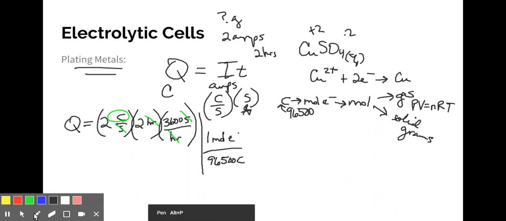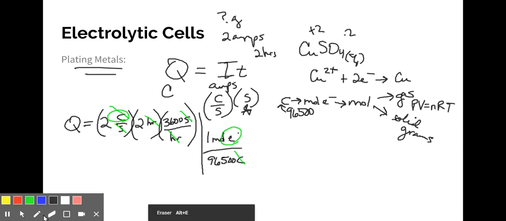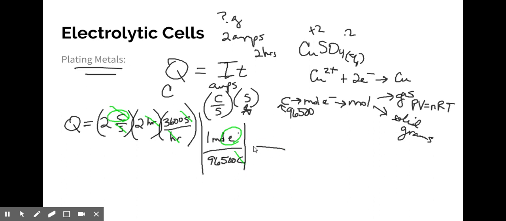You see now I have gotten rid of coulombs, and I'm able to cross that out there. Now I'm left in moles of electrons. They could even ask you a question and say, how many moles of electrons is this? If I'm given current and time, I would go through my stitch and stop here, and that answer would be moles of electrons. They could ask for just moles. If they want moles, I have to go one step further.